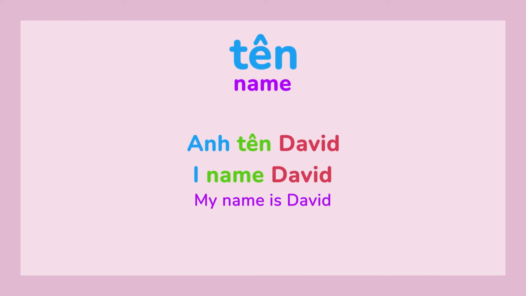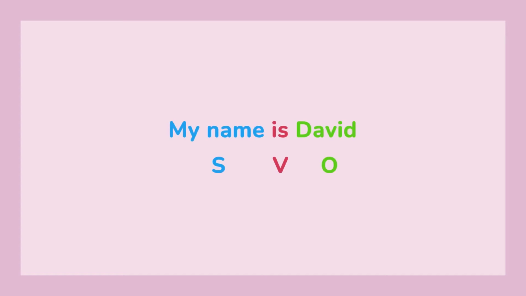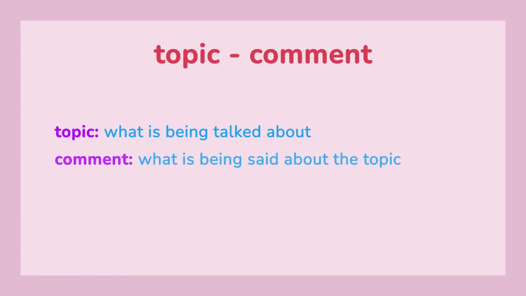Let me explain. In English, an affirmative sentence would always have the structure SVO. In Vietnamese, the structure could be SVO like em là Lan, but it could also be topic-comment. In linguistics, the topic of a sentence is what is being talked about, and the comment is what is being said about the topic. Our current structure is TC. The TC structure is used a lot in spoken Vietnamese.